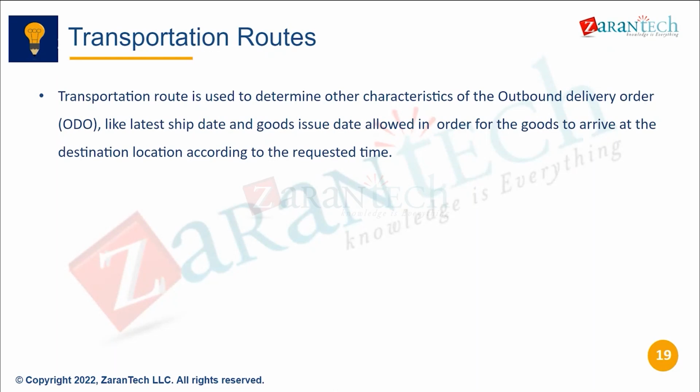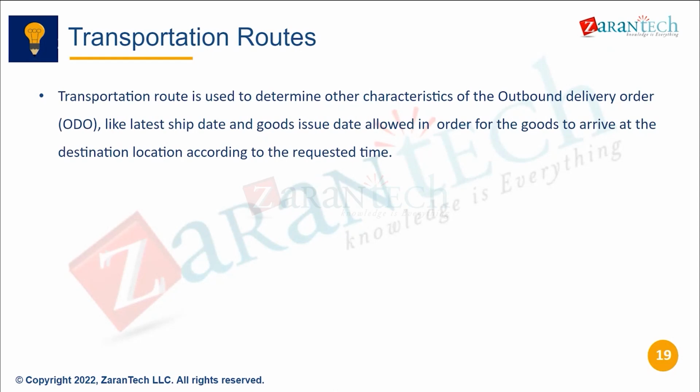Okay, this is transportation routes. It's not mandatory. But in the case that the delivery has to come through some transport routes, the routes will be defined at your staging area level itself, and from there the transportation route is determined, through which the transportation units will go.